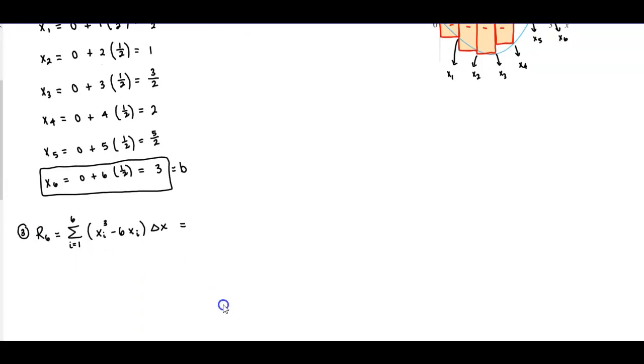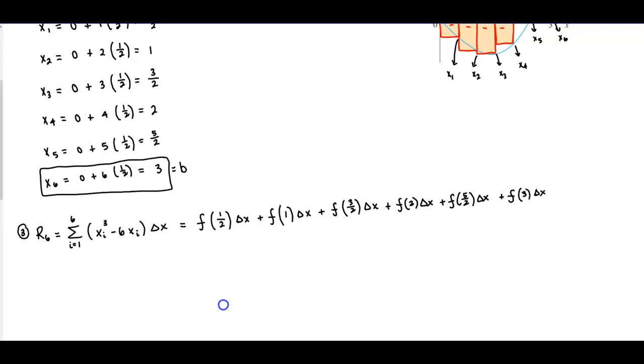That means this is going to be f of x1, the right x point, times delta x, plus f of 1 times delta x, plus f of 3/2 times delta x, plus f of 2 times delta x, plus f of 5/2 times delta x, and then plus f of 3 times delta x.